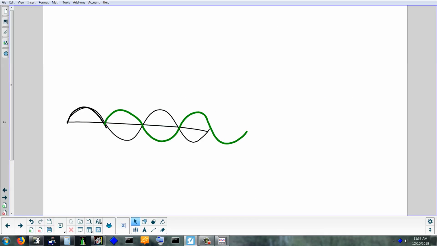And when the wave is like that, again, it might be a different amount of phase shift for different people, depending on where you're sitting. But what's happening here is the green wave is at the height, the black wave is at its lowest value, and they're fighting each other. So if you were to basically find that y value, and add them together, it's kind of like they cancel out at that point. So that's why it sounds quieter.